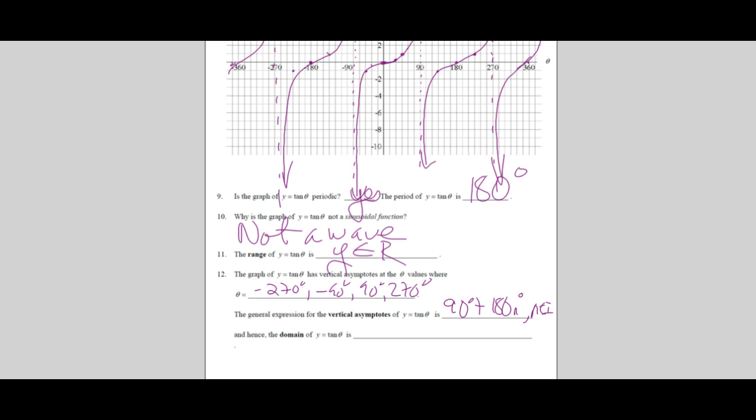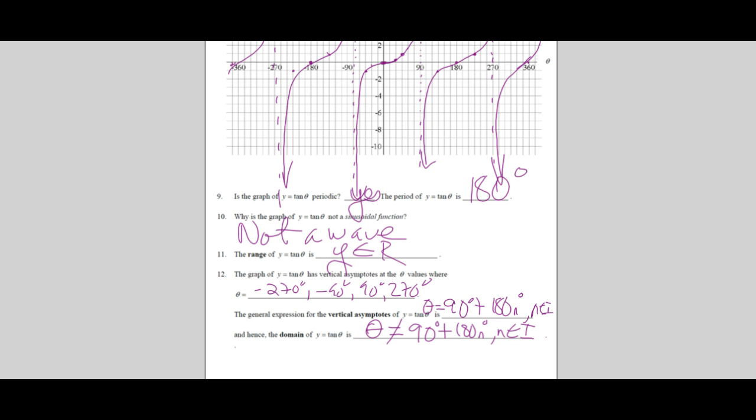That's the general form. So what's the domain of tan theta? Here's how we express the domain: we say theta cannot equal 90 degrees plus 180n degrees, where n belongs to the integers.